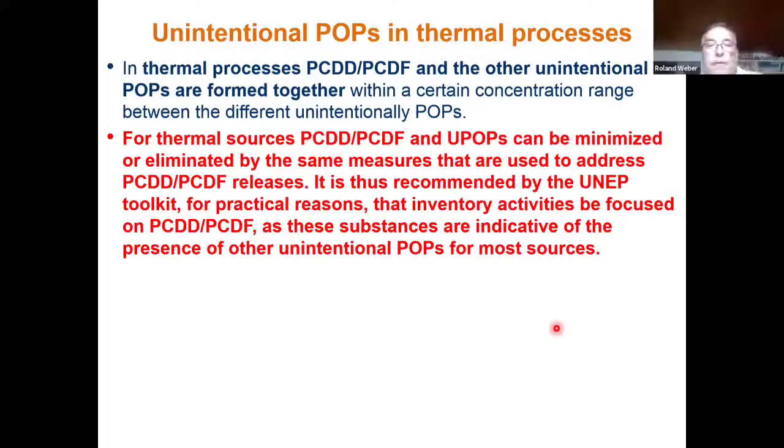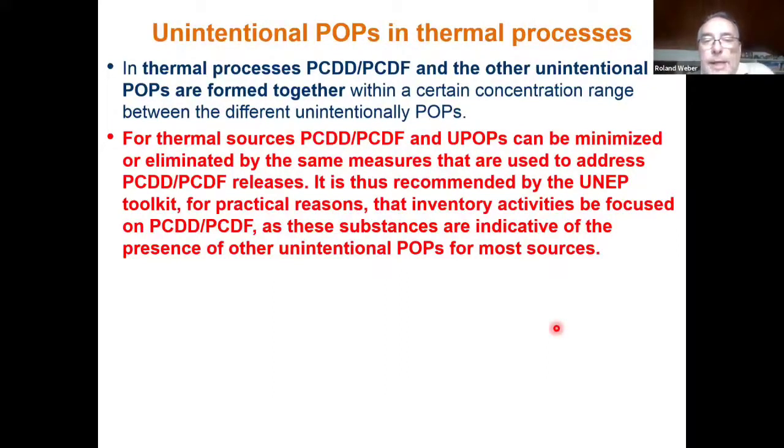So therefore, in thermal processes, dioxins and other unintentional POPs are formed together within a certain concentration range. So you have a higher amount of chlorobenzene compared to the dioxins, but the dioxins are the more toxic ones. So therefore, for thermal sources, dioxins and unintentional POPs can be minimized or eliminated by the same measures that are used to address dioxin releases.